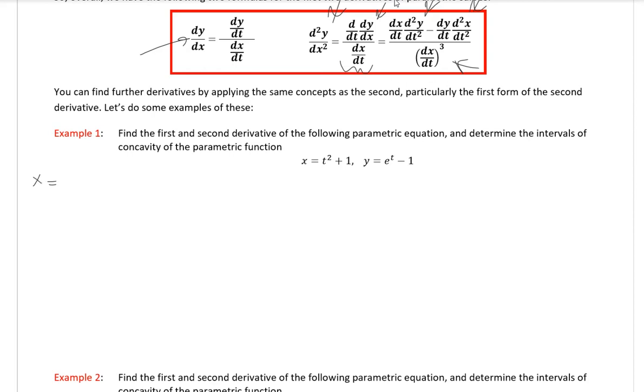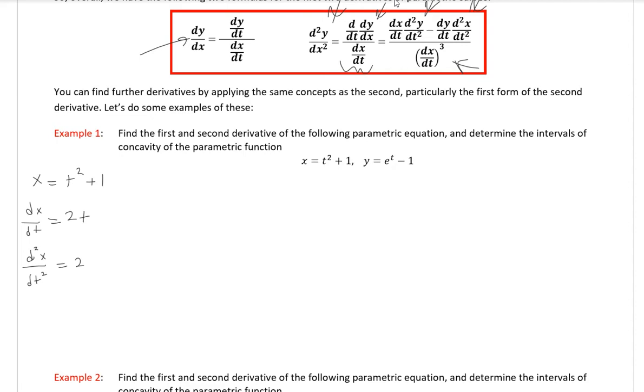I have x is t squared plus 1. And so if I do dx with respect to t, that'll give me 2t, since the derivative of 1 is 0. And then if I do the second derivative with respect to t, I just get 2.